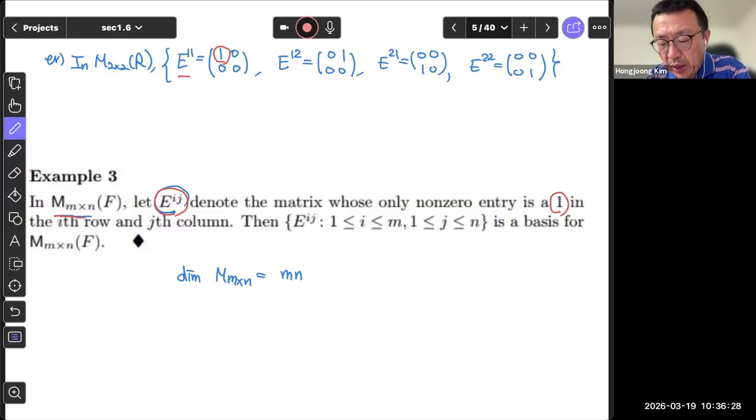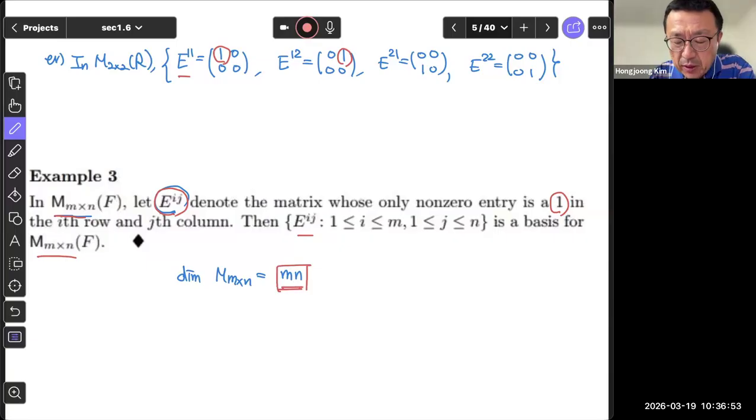E^12 has this 1 in the first row, second column, and so on. Then the collection of E^ij will be a basis for this space. How many matrices do I have? m times n. So m times n will be the dimension of this space.